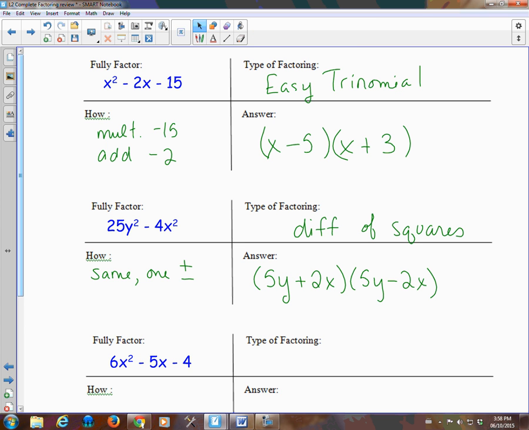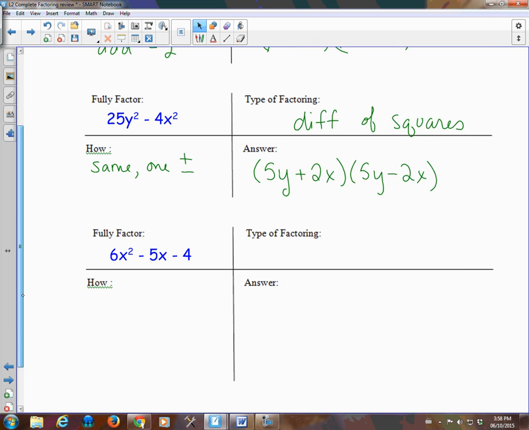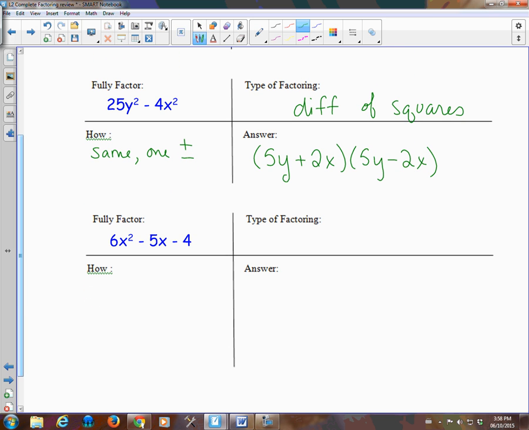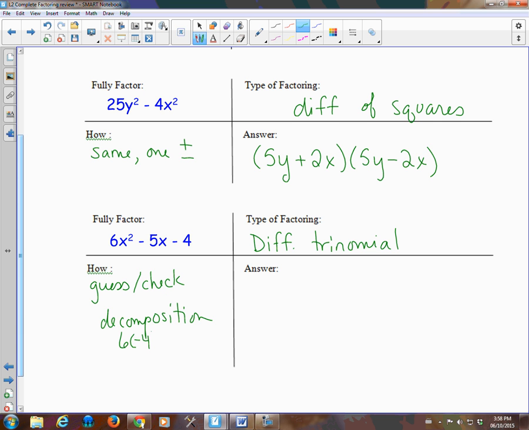And last but not least, nice little difficult trinomial. Since there's a number in front of the x squared, makes it more difficult. You can guess and check, or you can do decomposition, whatever you are most comfortable with. I think I'm going to do decomposition here, just to help people remember how to do it. So if we do decomposition, we have to do 6 times negative 4.